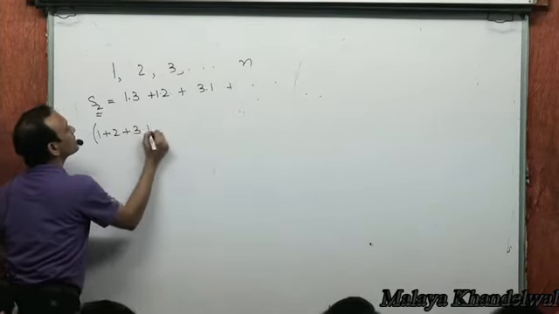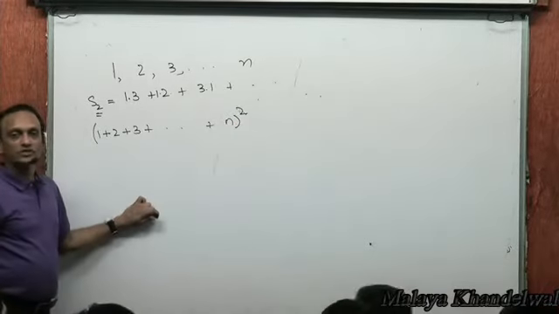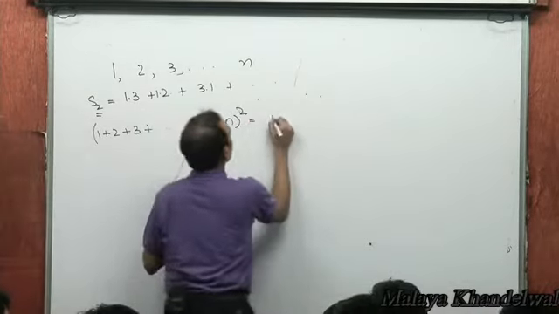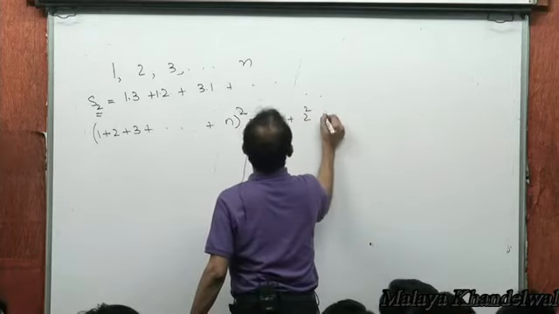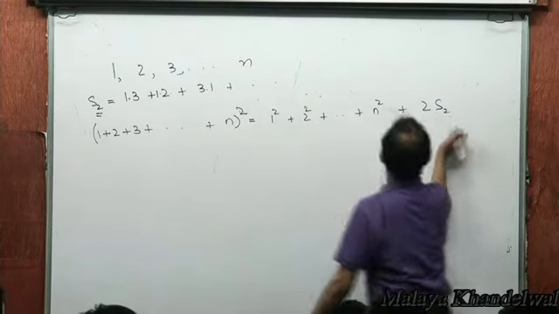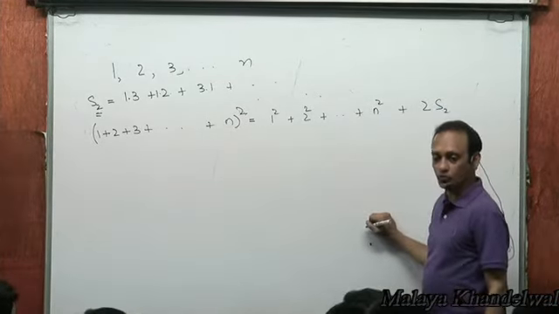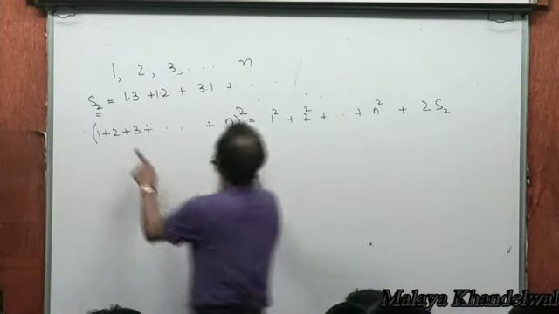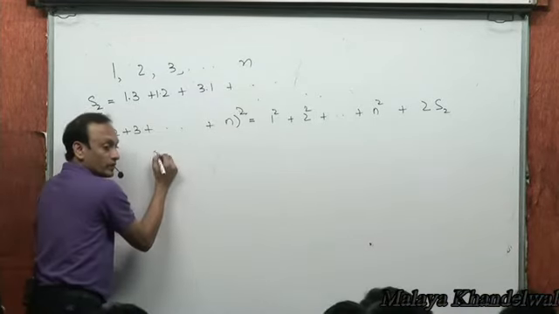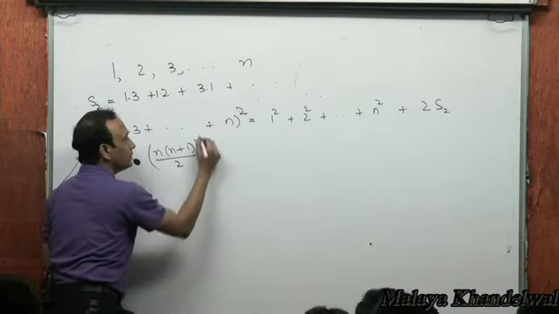So if I have to find S2 here, all that I need to do is take 1 plus 2 plus 3 plus n whole square, right? This would give me 1 squared plus 2 squared plus n squared plus twice the sum of the product taken two at a time. But 1 plus 2 plus 3 plus n I already know is n into n plus 1 by 2, whole square.